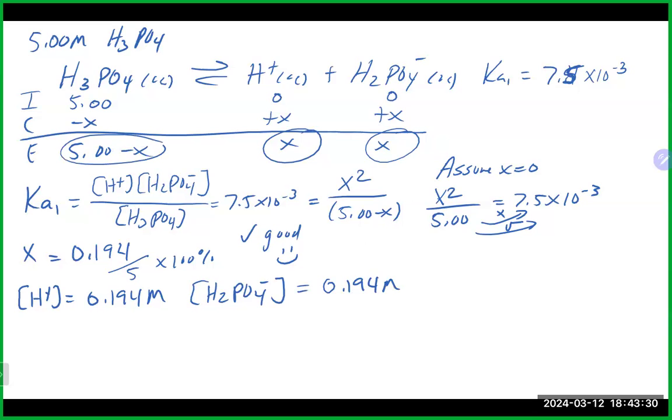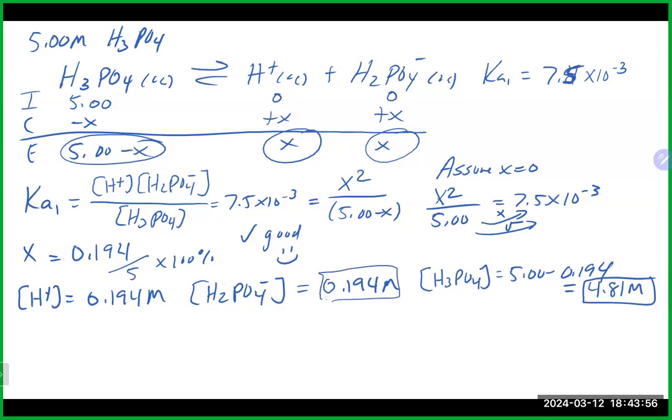And we also have the concentration of our phosphoric acid at equilibrium, which does not equal x, but we need to take 5 minus our x. So 5 minus 0.194 is going to get us, we'll call it 4.81 in this case.